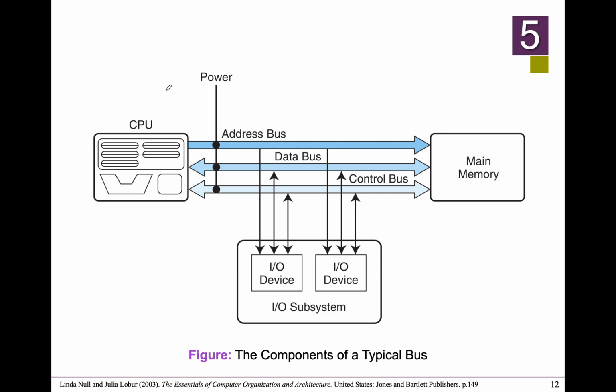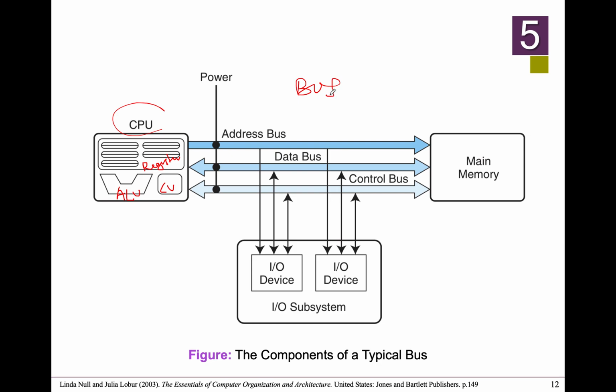You can see over here this is your CPU. Of course, you have your ALU, this one is your CU, and this is your register. Your CPU is connected to your main memory, as mentioned in the previous slide, through the bus system.